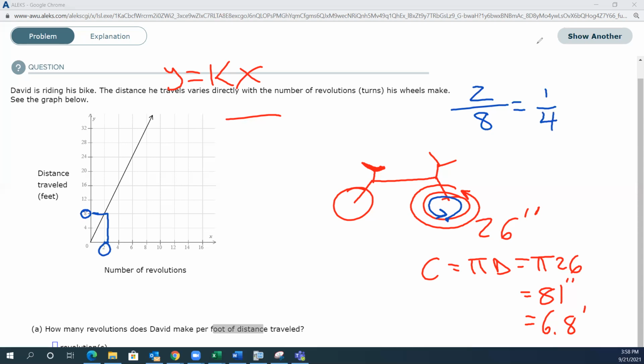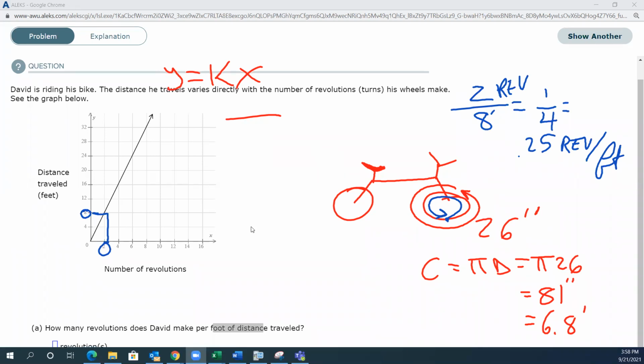So 1/4. 1/4 what? Well, we did 2 revolutions per foot. So you could say 0.25 revolutions per foot if you want. But anyway, 0.25, 1/4, that's our guy.